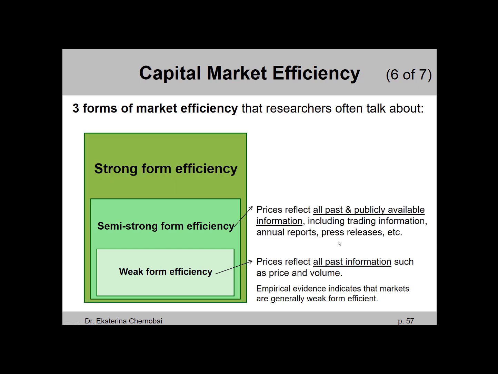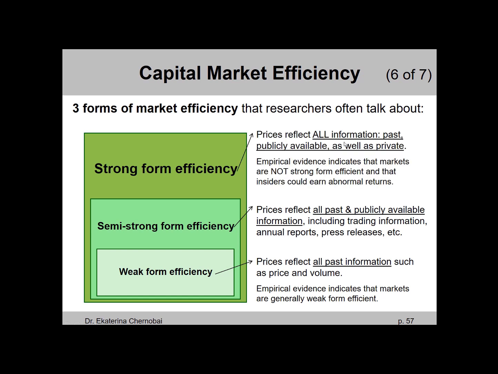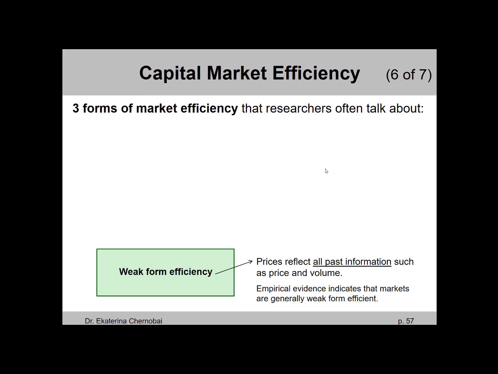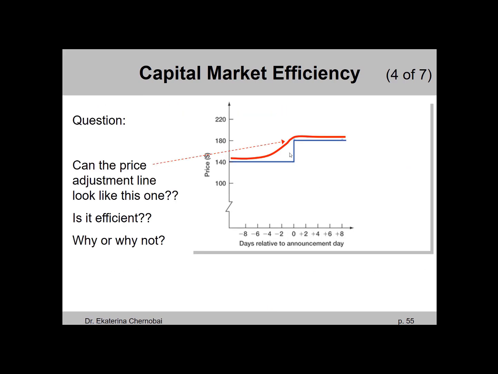Now, if you have past information, today's publicly available information, and also private information, meaning something about the future that only some people know but not the rest of the public, and that's kind of what I showed earlier with the red line, right?